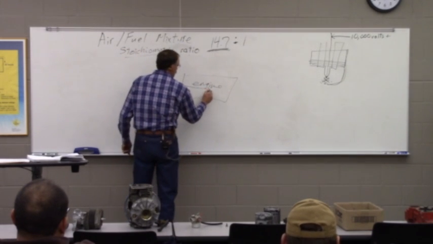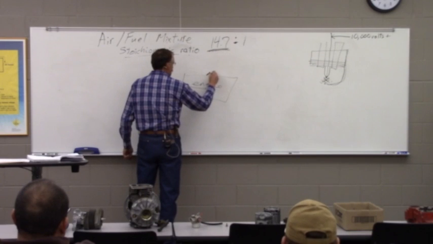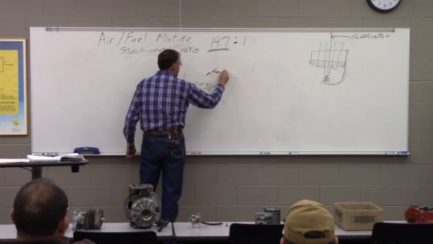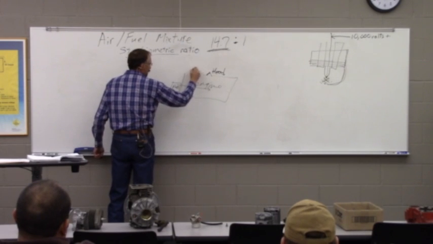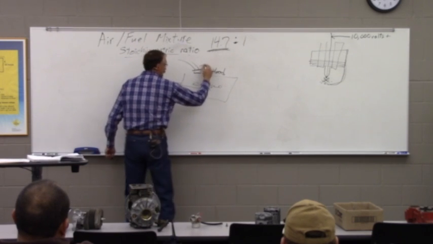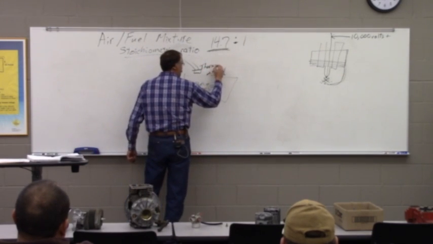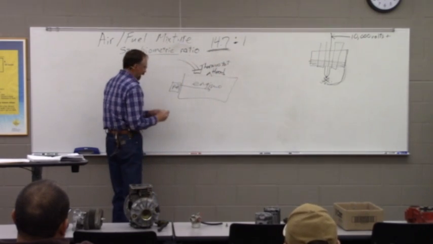That water is going to flow up into the cylinder head. It's going to, somewhere in the cylinder head, have an outlet. And right here, we're going to have a device called a thermostat. And basically all a thermostat is, is a valve.